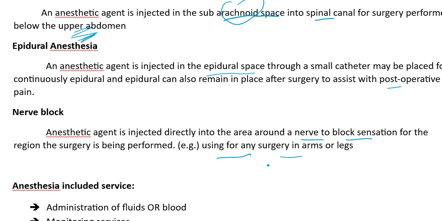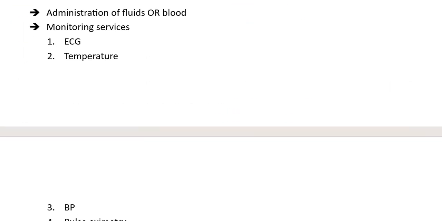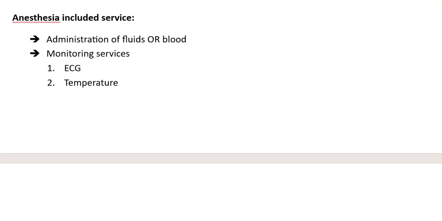So now let's see about the services which are included in anesthesia and which are not included. Anesthesia included services: administration of fluids or blood will be included in the anesthesia service itself, and you need not code separately for this.